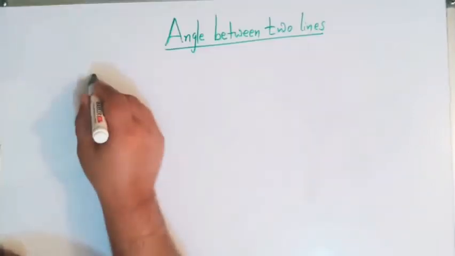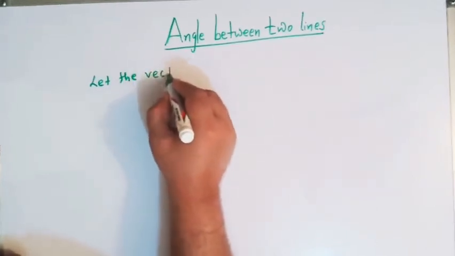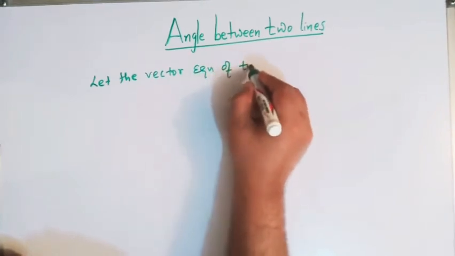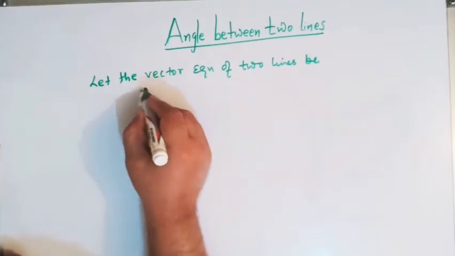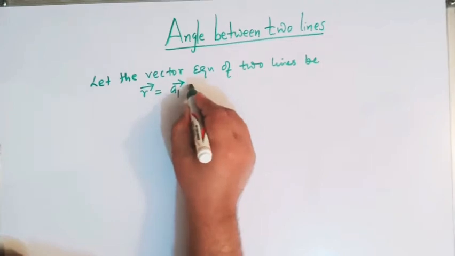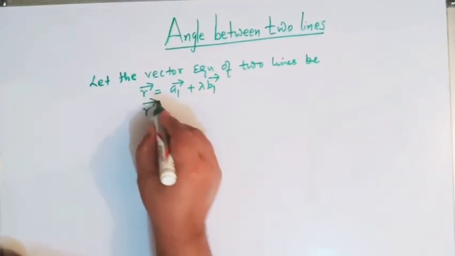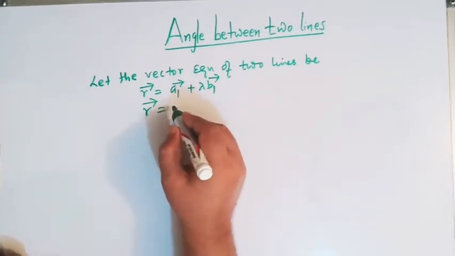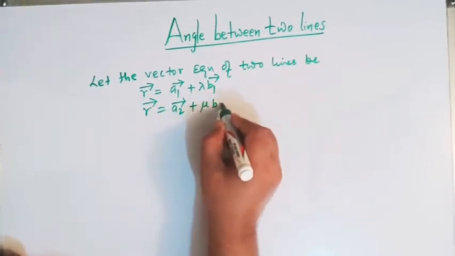Let the vector equation of two lines be vector r is equal to vector a1 plus lambda b1, and the vector equation of the second line is vector a2 plus mu b2, right?